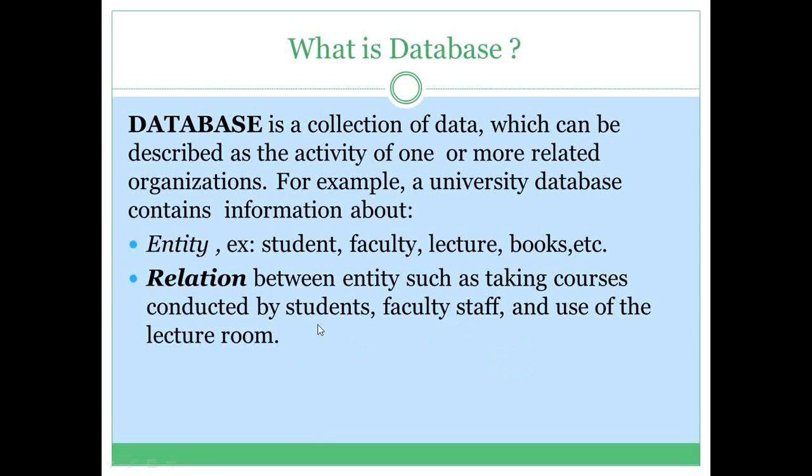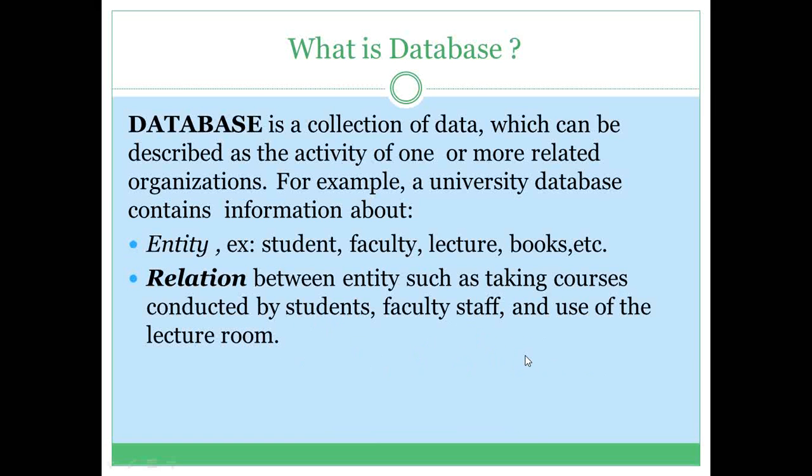So students have a relation with faculty staff or maybe lecturers, and yes, with people in the campus area, and use of the lecture room, so class, laboratory room, and so many others.